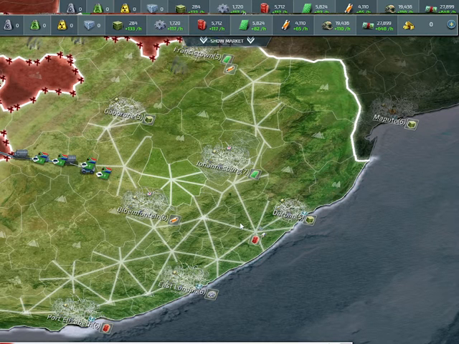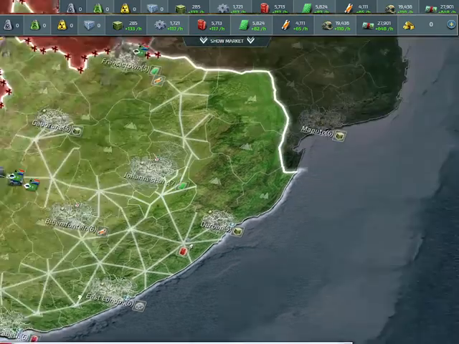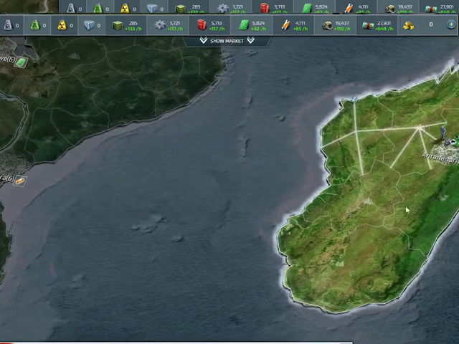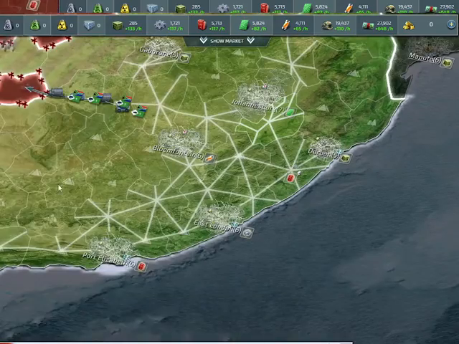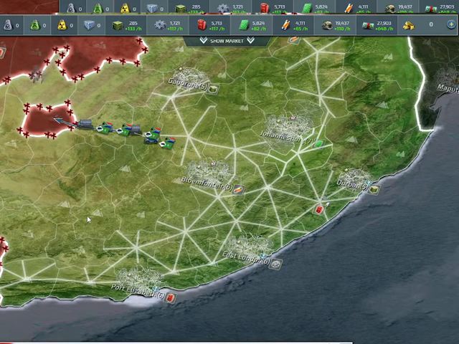Same story, I've got a province here producing 538 fuel for me a day, and then Port Elizabeth is producing fuel for me, and then I conquered Madagascar because of the fuel over there. It's also producing fuel for me. So my early tactic was to get as much of that as possible because I thought that would be a game changer, but it doesn't look like it yet.